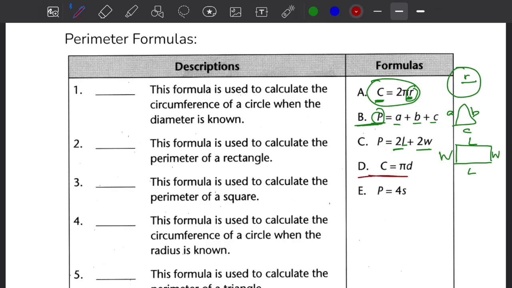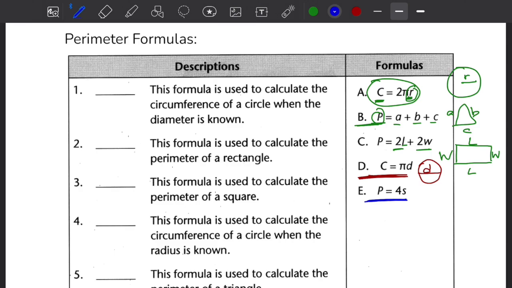The next one has a C, so that's circumference. So we know we're working with a circle. There's also that pi, so that's a really good indicator to tell us that we're working with a circle. And then there's a letter D. So this formula helps us find the circumference of a circle when the diameter is given, not the radius. The last one here is perimeter equals 4 times S. So 4 times that same number.